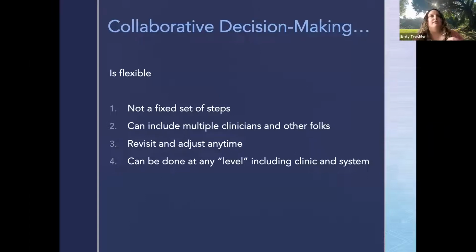It just doesn't fit for each person. And so instead, in collaborative decision-making, we really want to honor the individual client and the individual service setting, which can sometimes include big teams who might all need to be involved in that decision. And it might also include other folks, family members, members of the legal system, other groups like that.